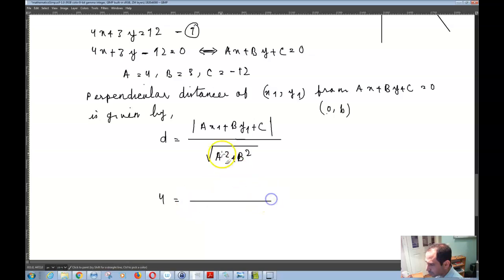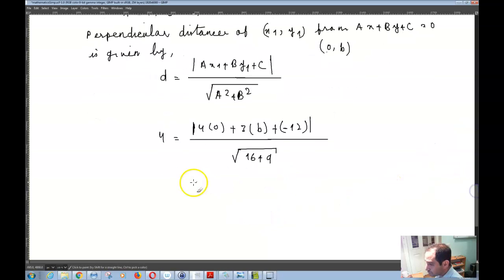So I can write 4 is equal to the absolute value of a, which is equal to 4, times x1, which is equal to 0, plus b, which is equal to 3, times b, plus c, which is equal to negative 12, over the square root of basically 4 squared plus 3 squared, which is equal to 16 plus 9.